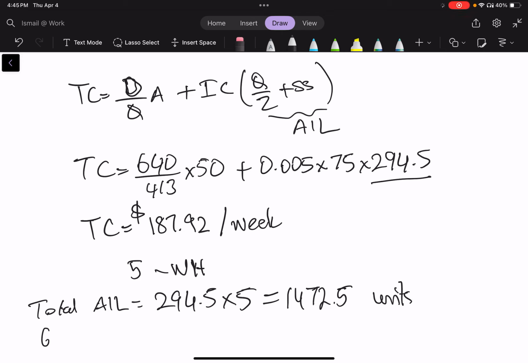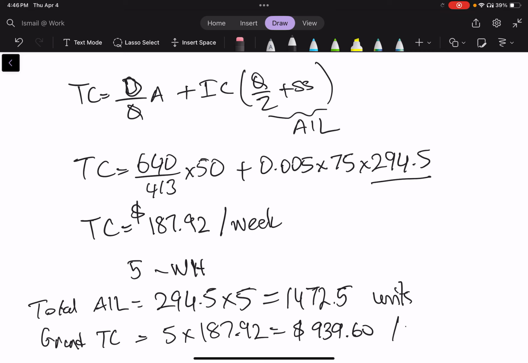And my grand total cost for these 5 places is gonna be 5 times 187.92, and that would be, again, if I'm rounding everything properly, 939.60 per week.